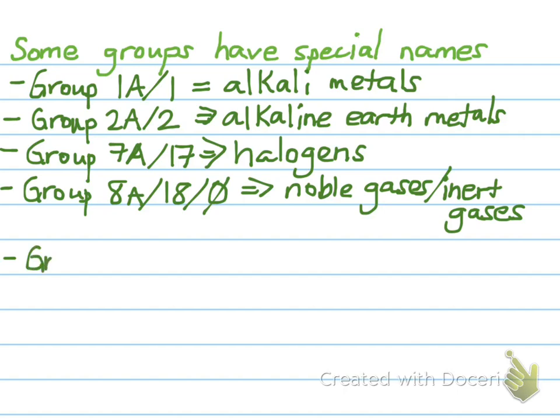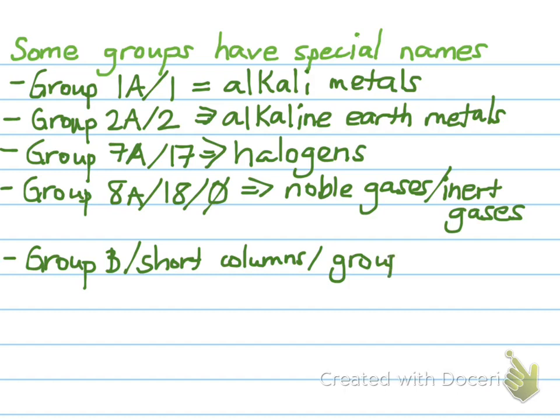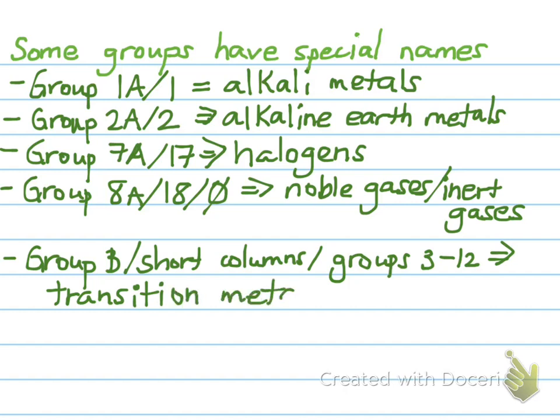The group B elements, so those short columns, or groups 3 through 12, okay, those are called the transition metals. Those are those short columns in the middle of the periodic table.